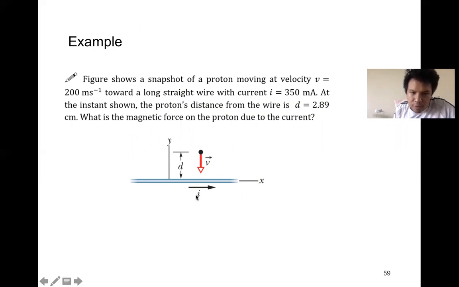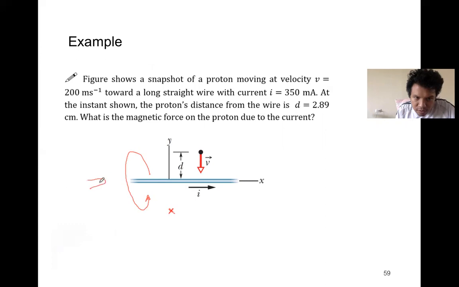Okay, so we say that the current is now creating a magnetic field in this direction. Viewing from the downward direction, we see that the current here at this position is going into the paper, using the right hand rule.